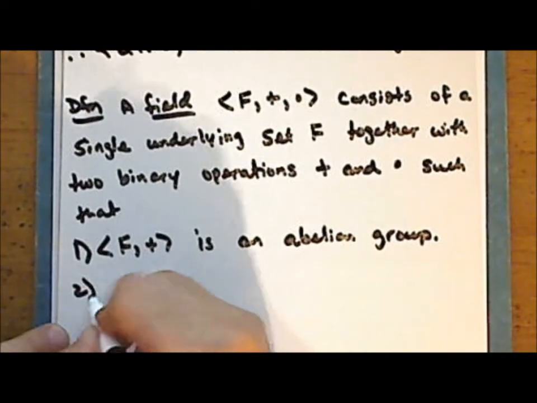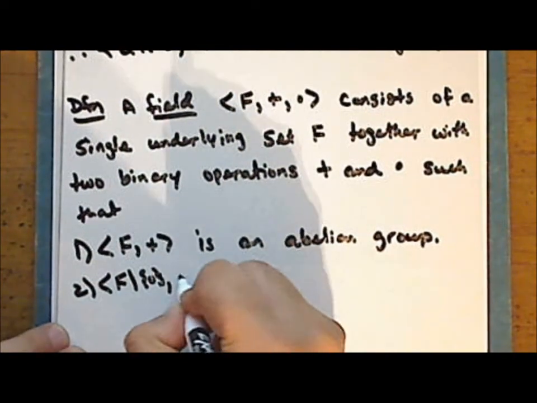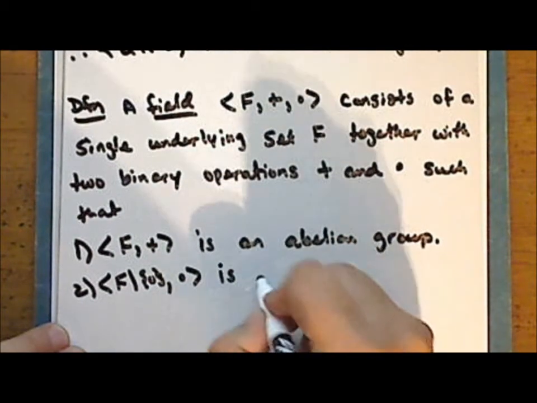Second, the non-zero elements in the set under multiplication is an abelian group.